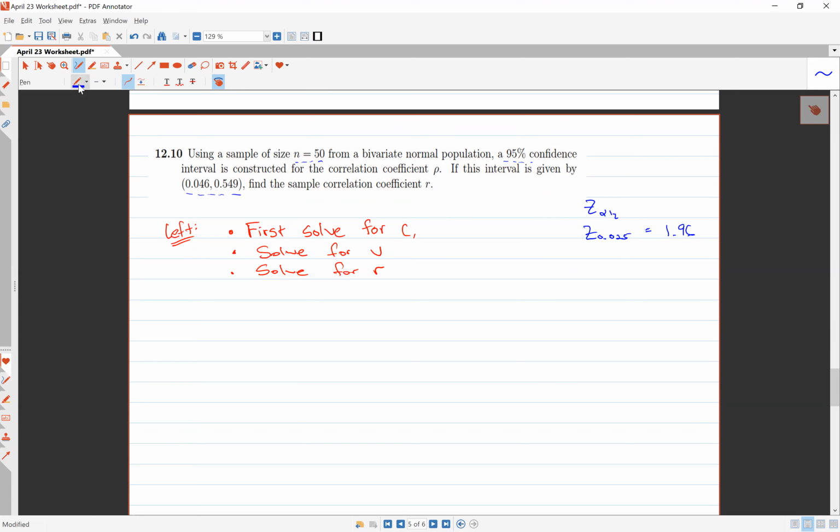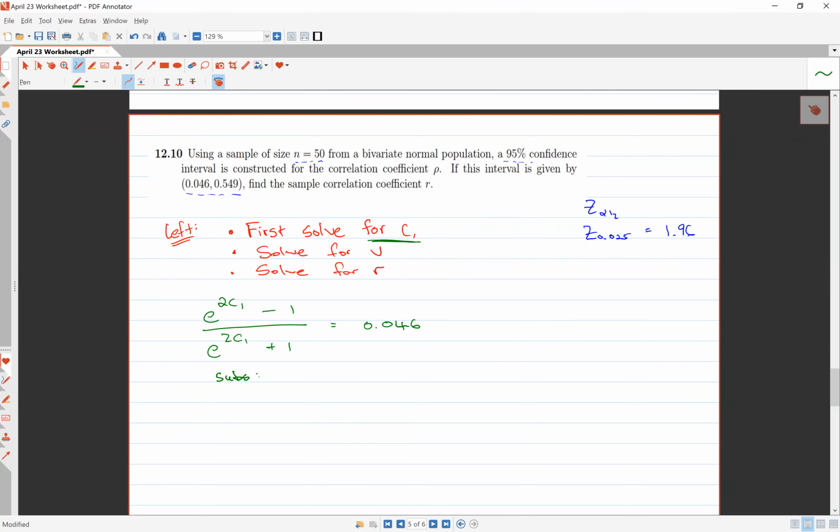So if we're solving for C1, we know the formula for the left endpoint of the interval is given by e to the 2c1 minus 1 over e to the 2c1 plus 1. That's equal to 0.046. I know it's a little bit tedious, but the easiest way I found to do this is to make a substitution.